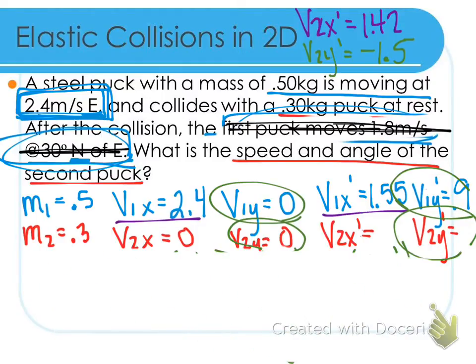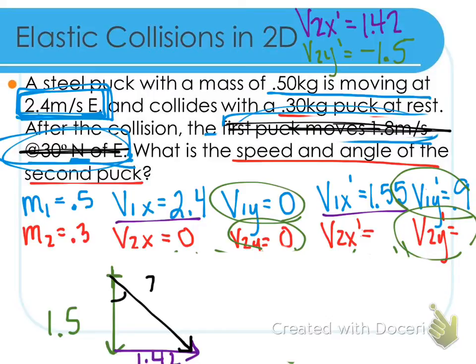No, it makes no difference. Okay, so vertically I'm going to go south 1.5. I'm going to go east 1.42. So the velocity of my second puck is going to be the hypotenuse of that new triangle.